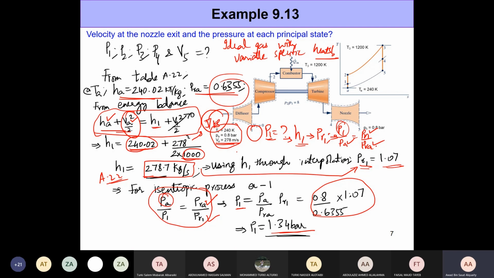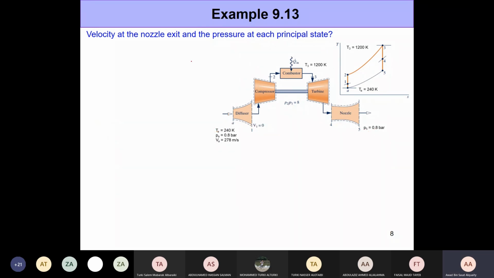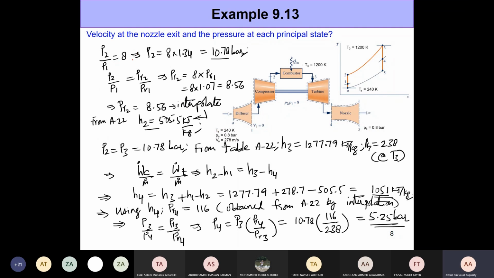How do we determine P2? Well, P2 is easy to determine because the pressure ratio across the compressor was given. P2 by P1 was given, and since we already calculated P1, P2 comes out to be 10.78 bar.